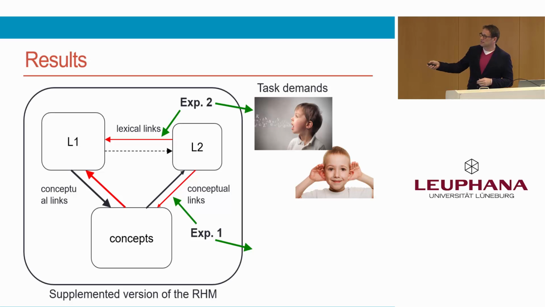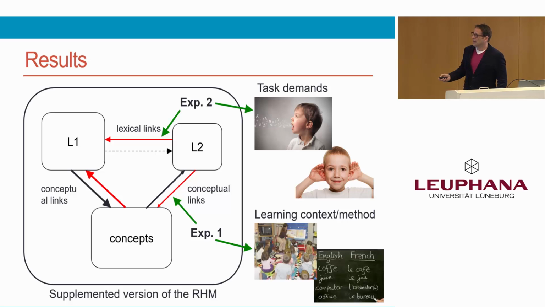So evidently, yes, for production, and that's important, there was a clear indication that the beginning learners, the way they performed, showed that the RHM made valid predictions. Okay? Whereas for experiment 1, we found results which were not in line with the RHM or the predictions by the RHM, and that was they already showed semantic interference, which as beginning learners they shouldn't have shown.